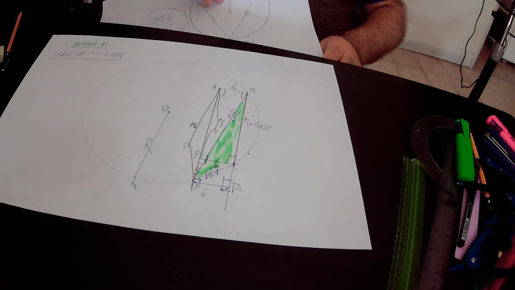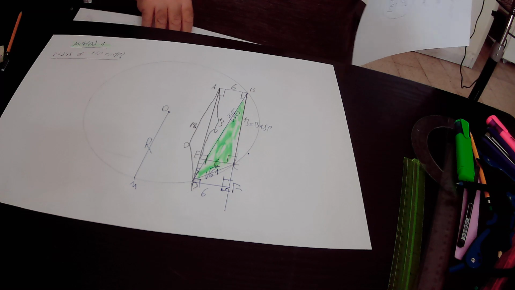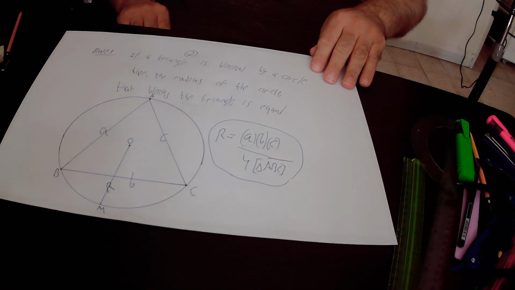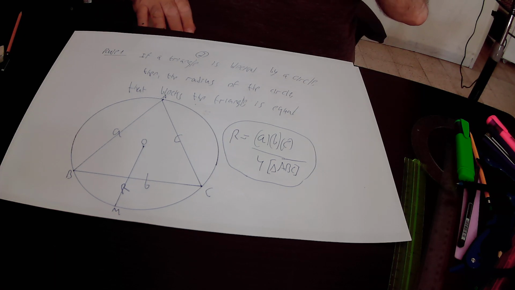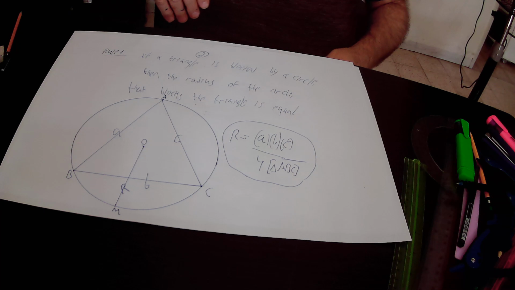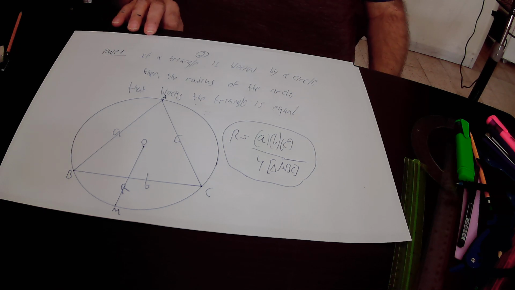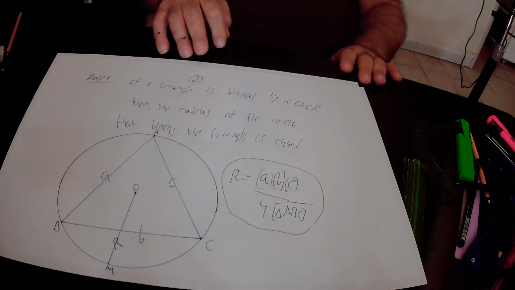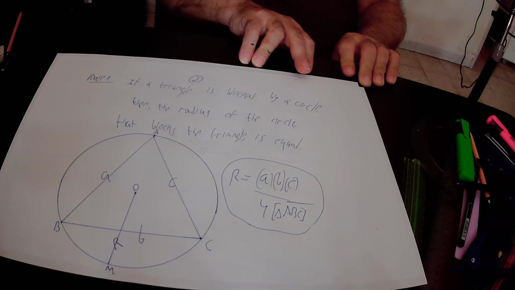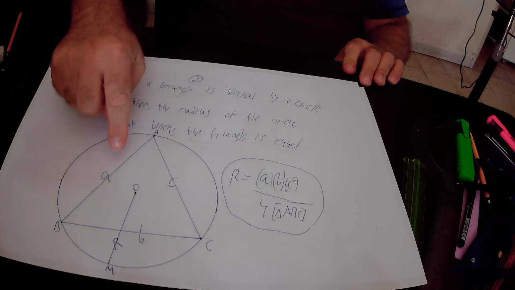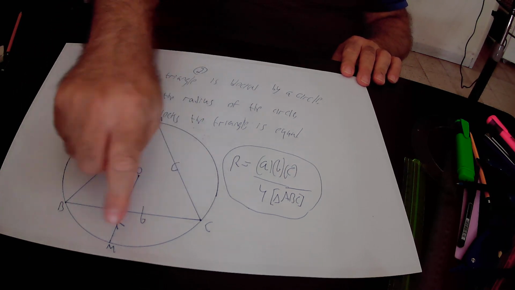Then I presented to you a new rule, and we implemented the new rule in our drawing. Here, according to rule number 1, if a triangle is blocked by a circle, like here we have triangle ABC that is blocked by this circle.